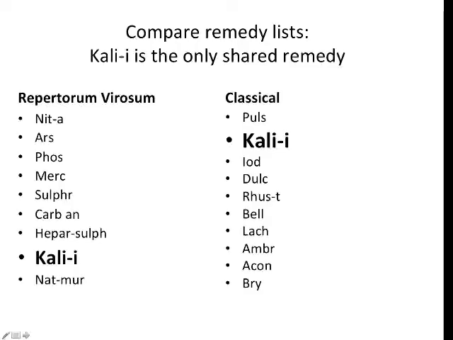I've compared both lists, and if you look at this very carefully, you will see that there is no other shared rubrics except Kali-I. So even though this was relatively low, it supports the classical findings, which were not very convincing. So in a way, it provides a third leg to the stool, and we have a much more convincing argument.